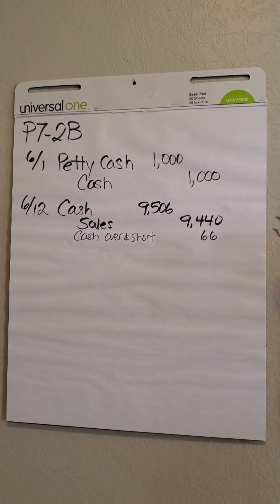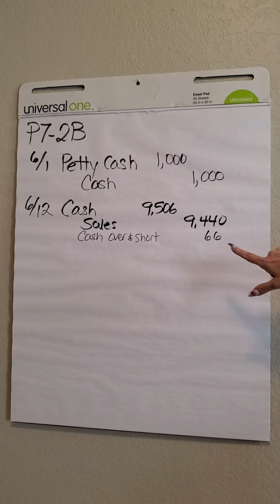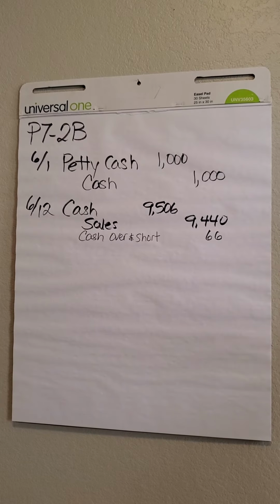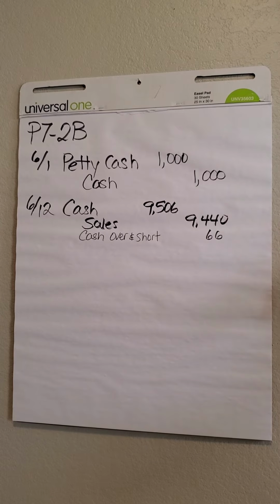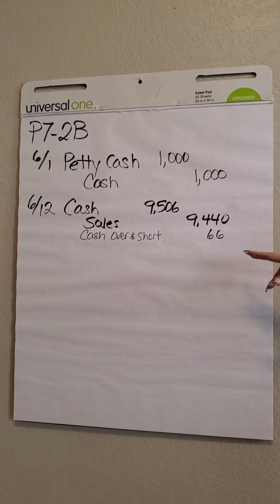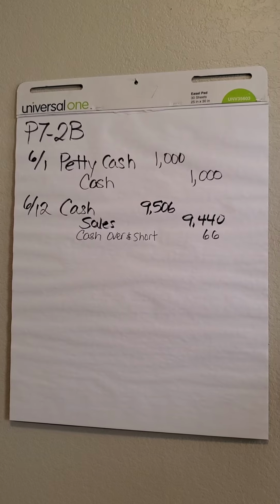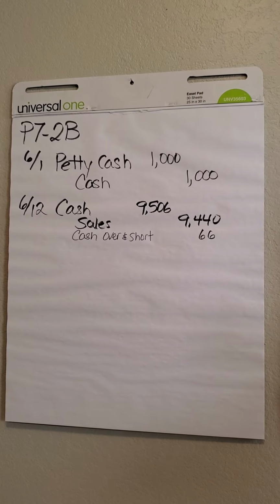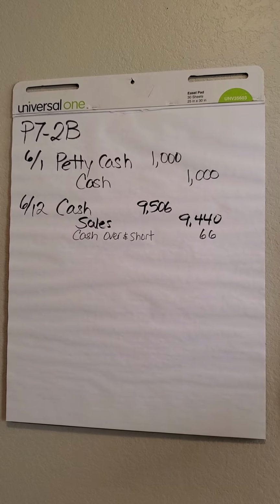Remember, we want to make sure our debits equal our credits. If we actually received less cash than we had for sales, we would debit cash over and short, and at the end of the accounting period, we would close that out and adjust it to cash.